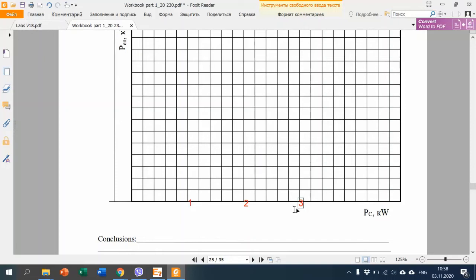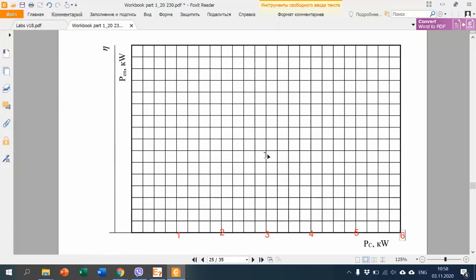Okay. 4 points, 4 squares. 1, 2, 3, 4. 6, okay.